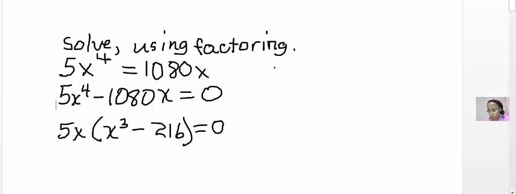Now, one of the things that's needed here is a piece of information that we study in intermediate algebra. In the class before this one, we studied the idea of a difference of cubes, sometimes called a difference of two cubes.